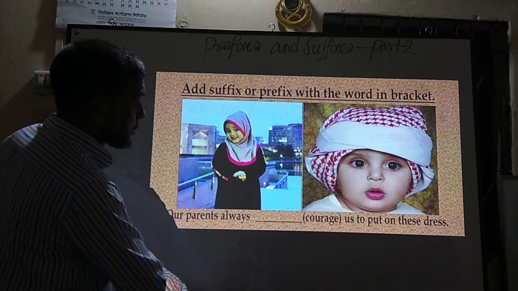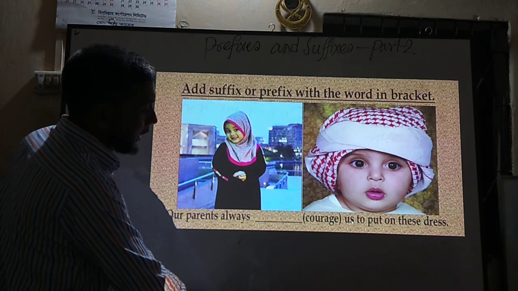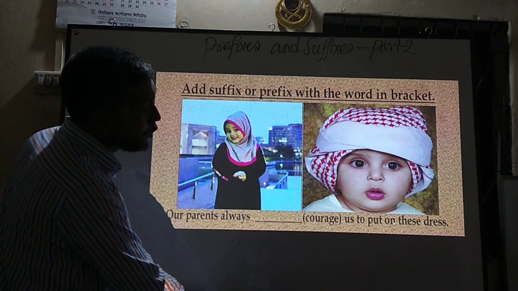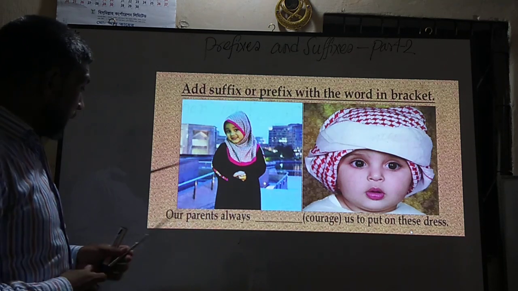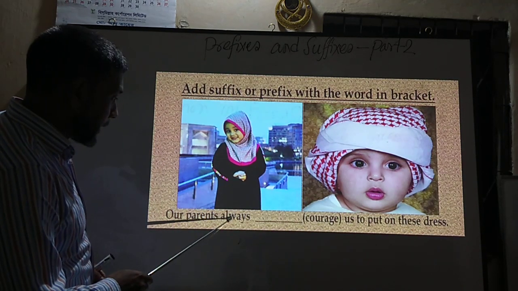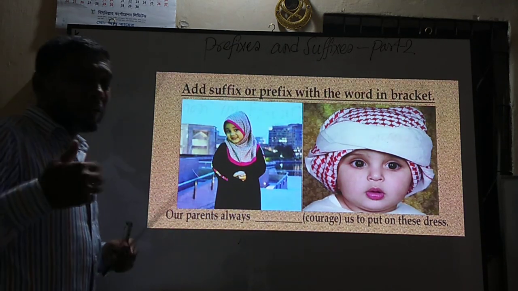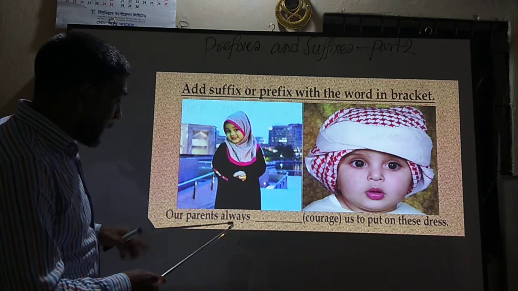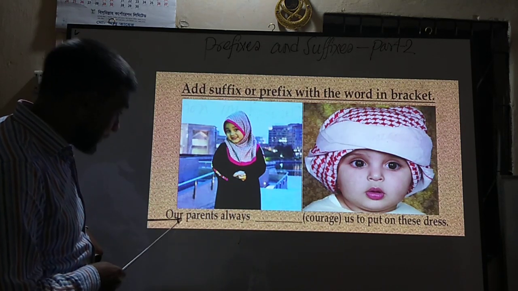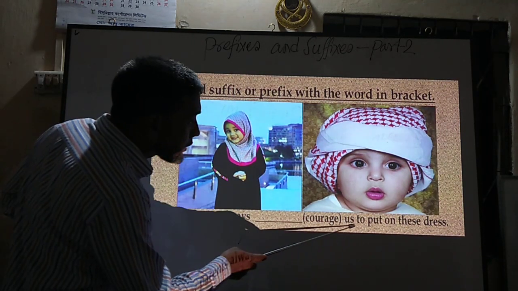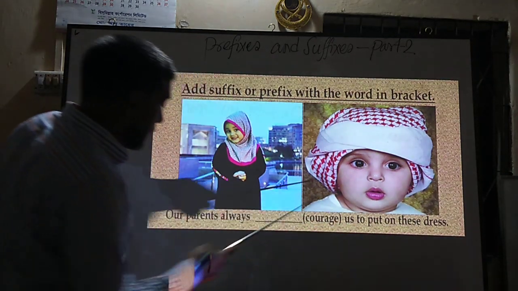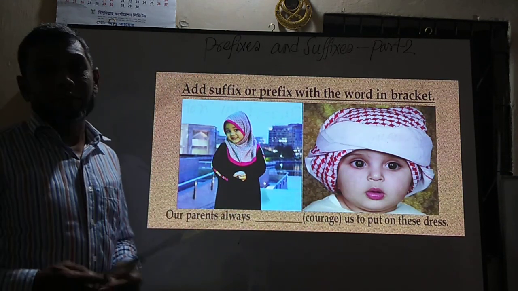So our parents always dash us to put on this dress. So dear students, how interesting it is. So this is our parents, this is the subject, and this is an objective form. So there is no verb here.